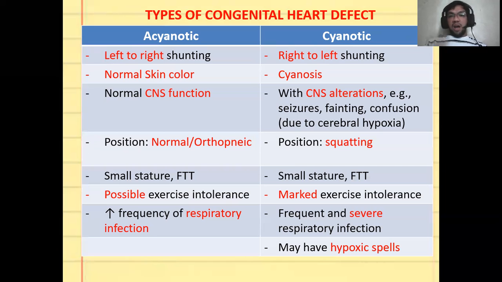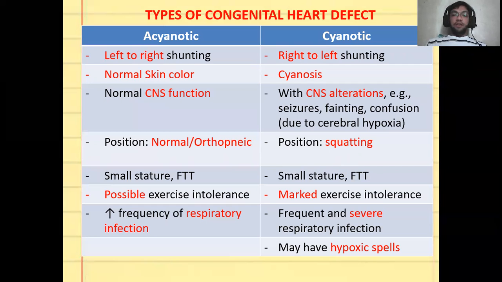But for patients who have cyanotic heart disease, the best position to place them in would be a squatting position in order to increase blood flow to the head. I'll explain that later when we discuss the tetralogy of Fallot. They will also have a small stature due to failure to thrive.